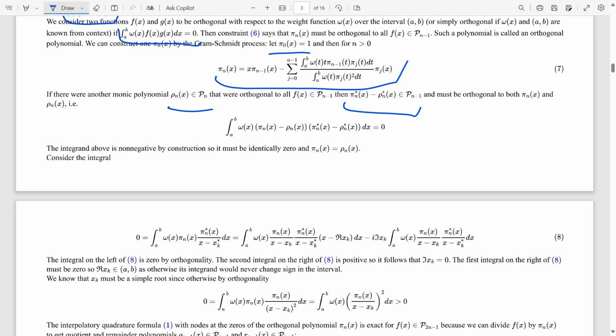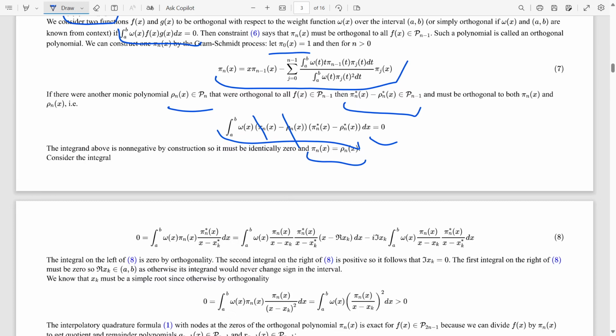And so it's orthogonal to both pi n of x and rho n of x. So that means that this integral here, which is the integral of an absolute square times a non-negative weight function, is 0. So it must be that pi n of x minus rho n of x is 0.